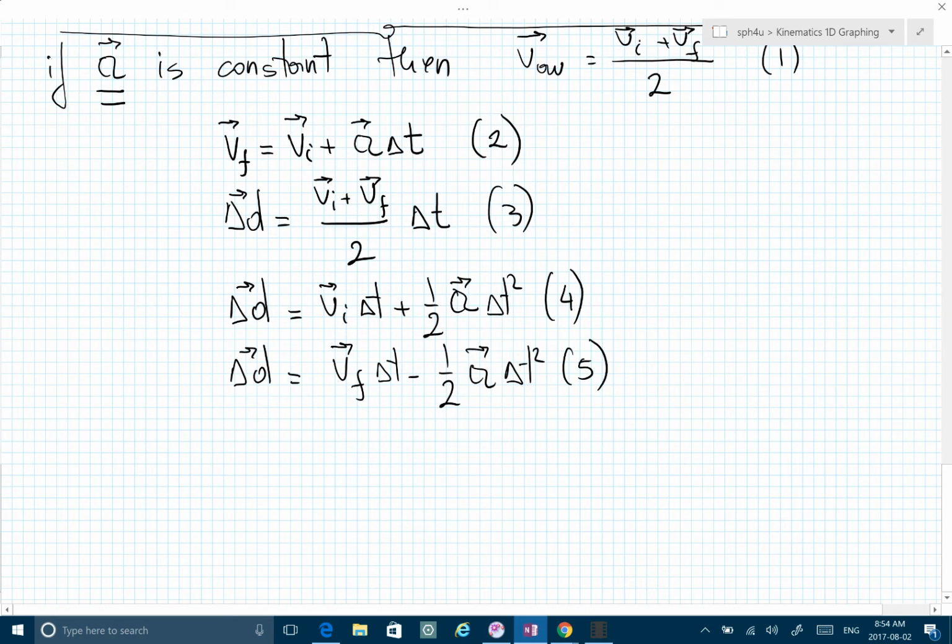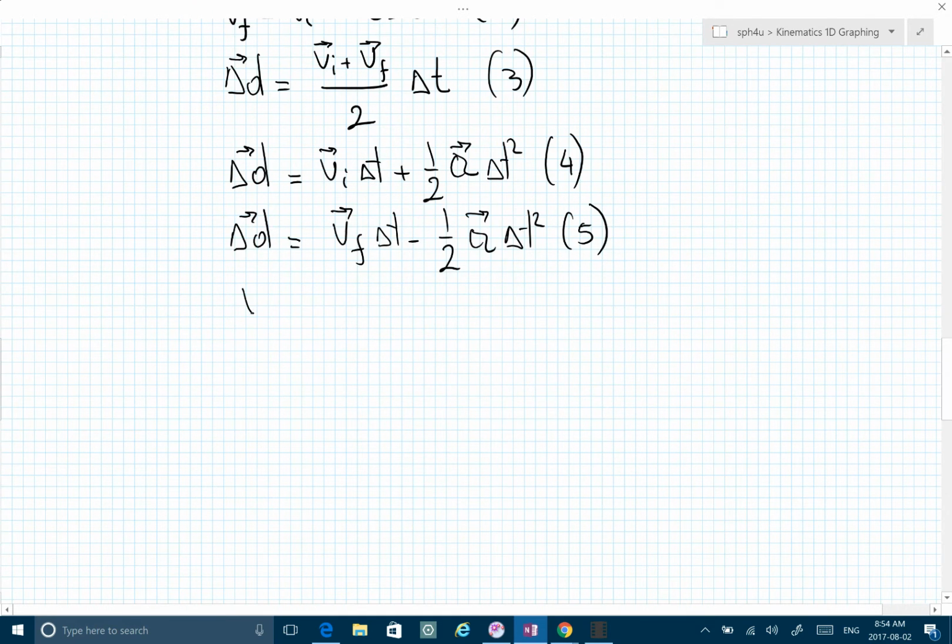And the last one is a combination of 3 and 4 or 3 and 5, that vf squared is equal to vi squared plus 2 times acceleration times displacement.